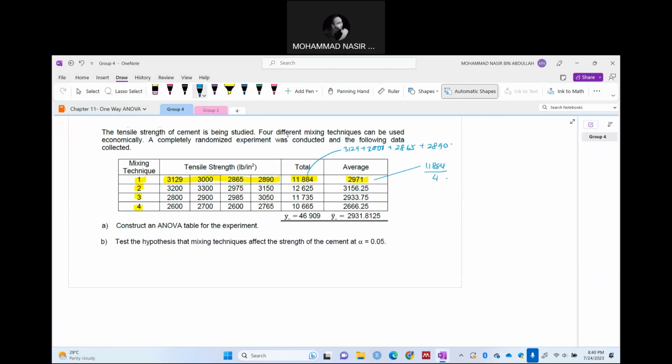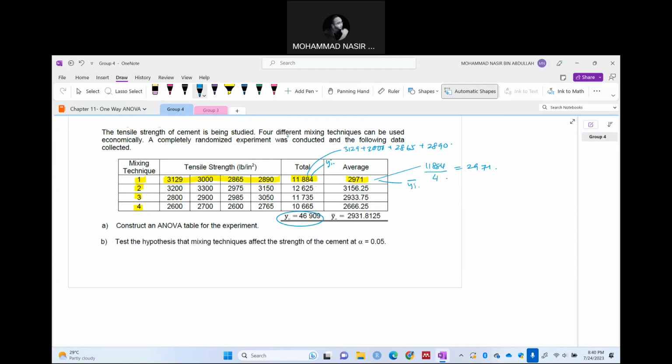You have 4 observations, so you will get 2971. Okay. So this is what we call yi dot. This is yi dot bar. This is the total for every treatment.